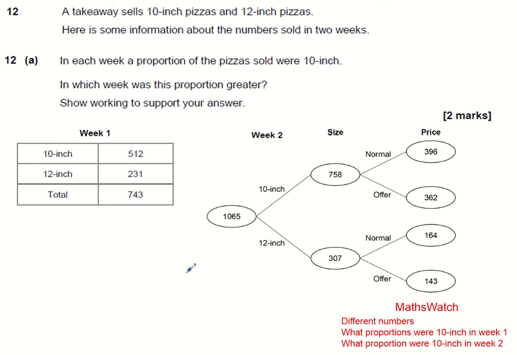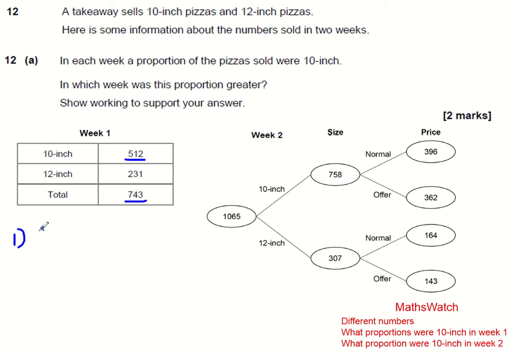So generally when we're asked to show a proportion, we'll write it as a fraction. So I'm going to start off that way. So in week number 1, the fraction of the pizzas sold that were 10-inch, there were 512 10-inch pizzas sold out of a total of 743.